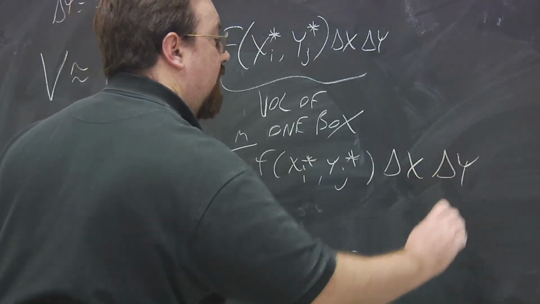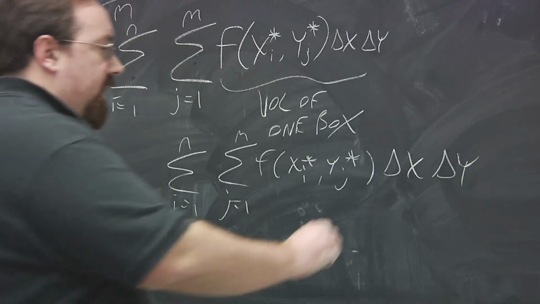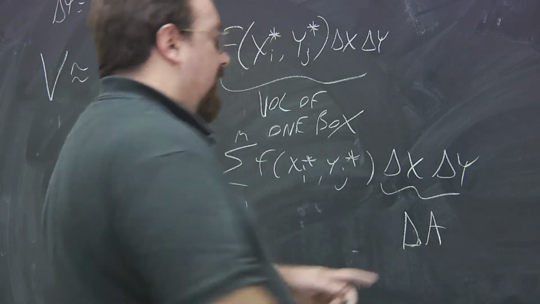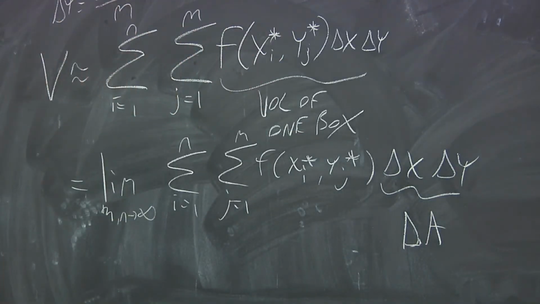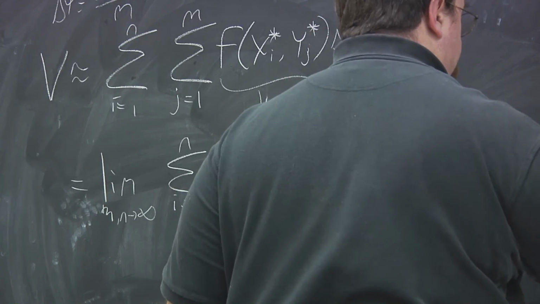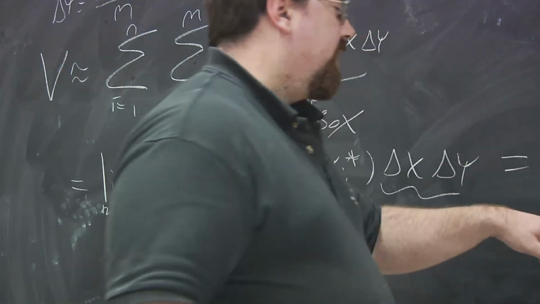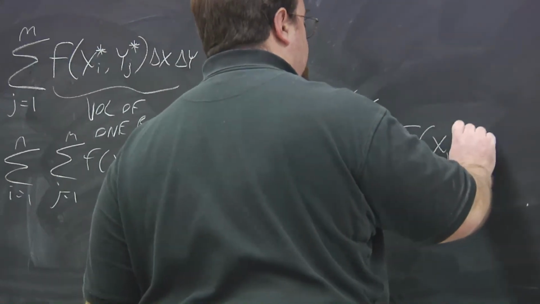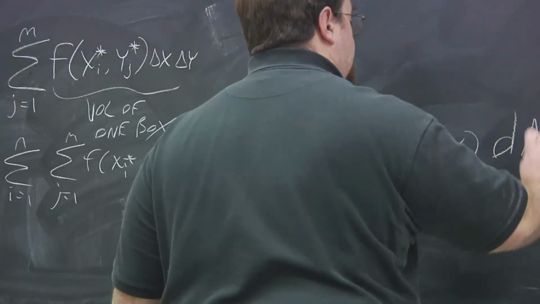And what we get, first we're going to define this to be delta A. So delta A is going to be the area of the base of any one of these boxes, is called a double integral over the entire rectangle R of f of x y dA.